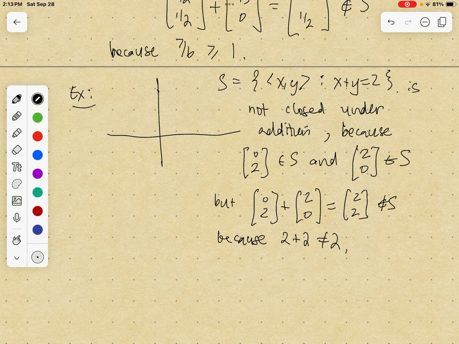Now, what does this look like? It's all the vectors whose tip lies on this line, x plus y equals 2, and that's the line through (0, 2) and (2, 0).